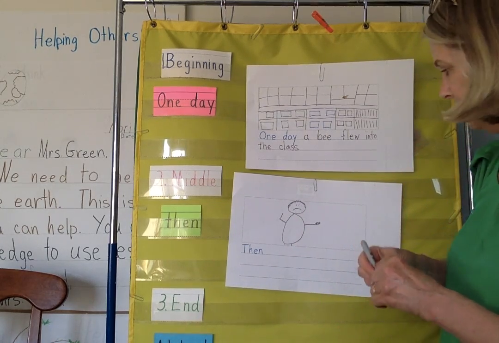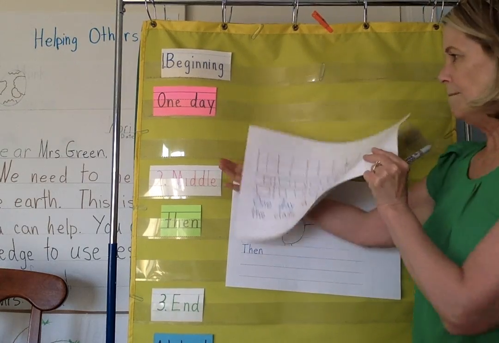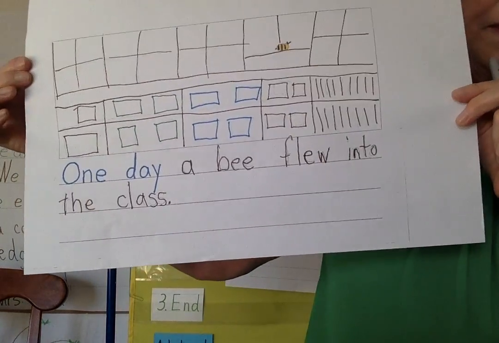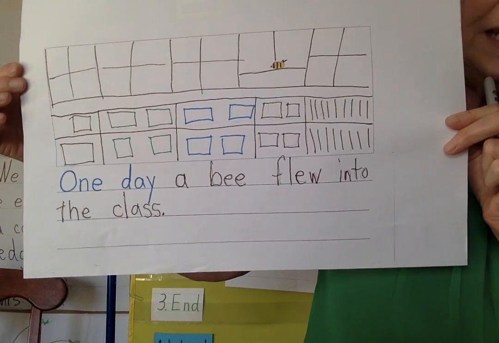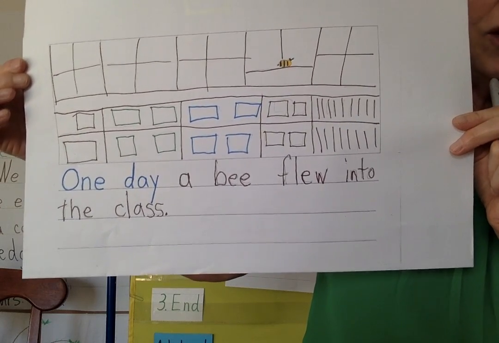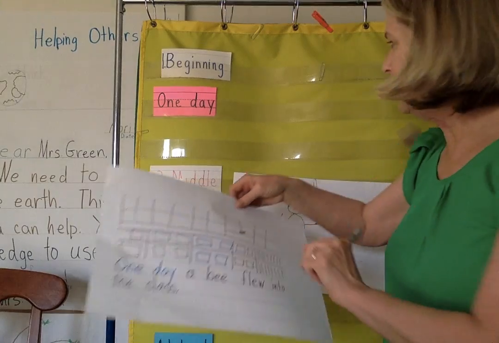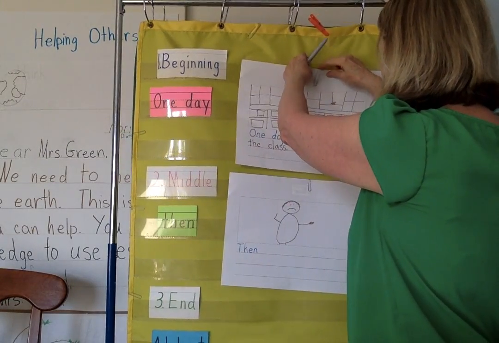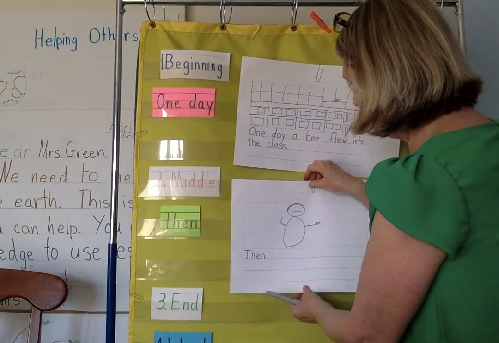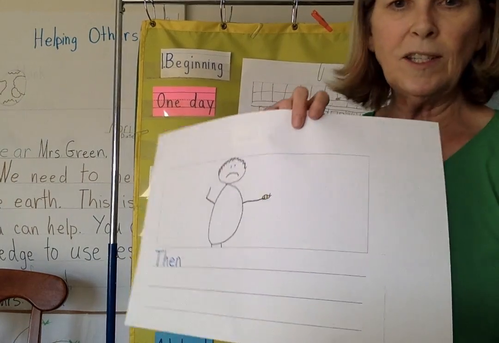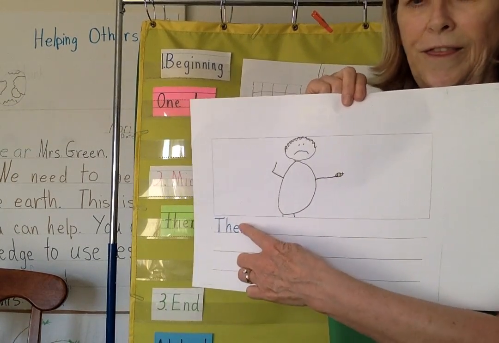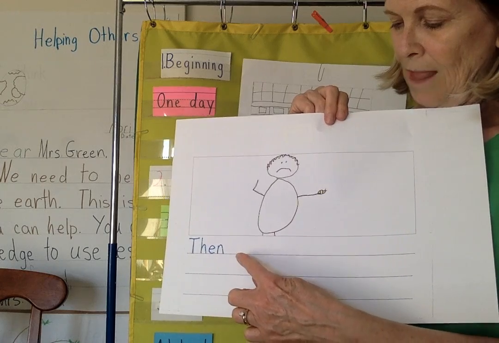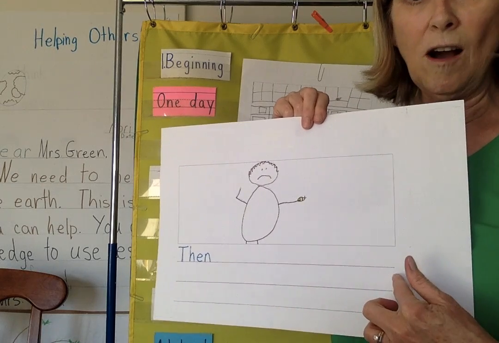But, so let's look at my story that now has all the words. One day a bee flew into the class. And notice I didn't have to say classroom. I just said class. So the next part I could think, then the bee stung Augie.